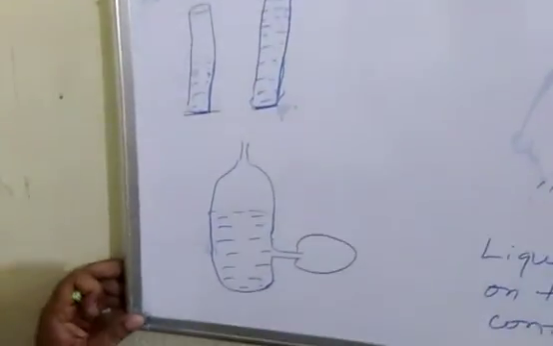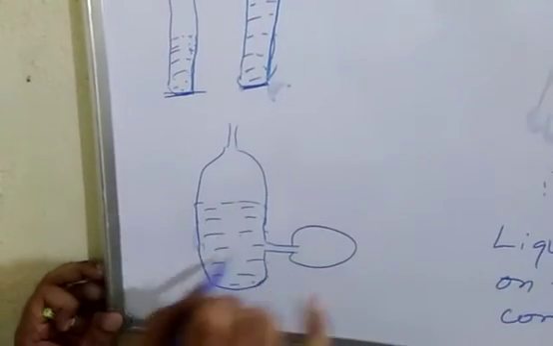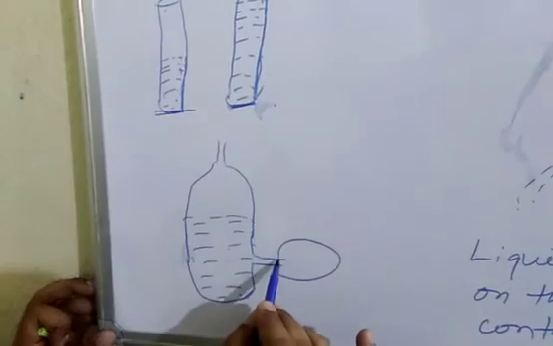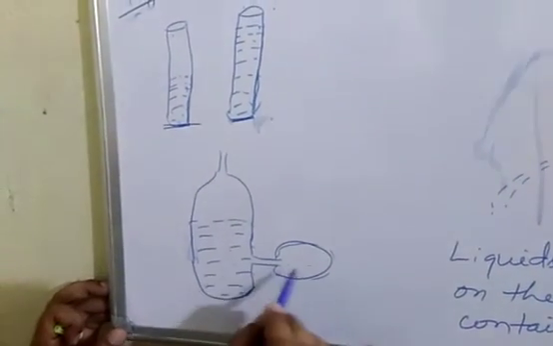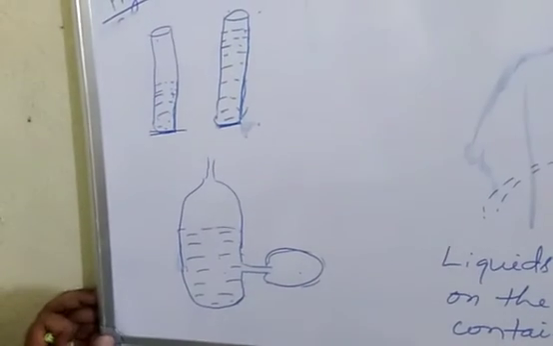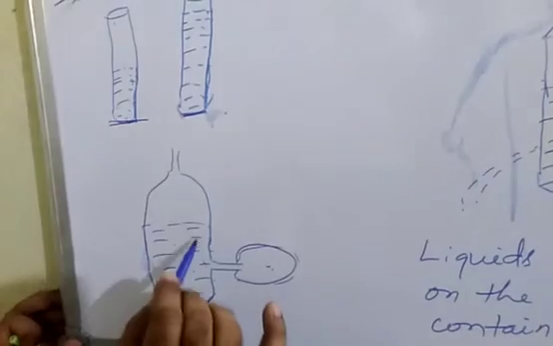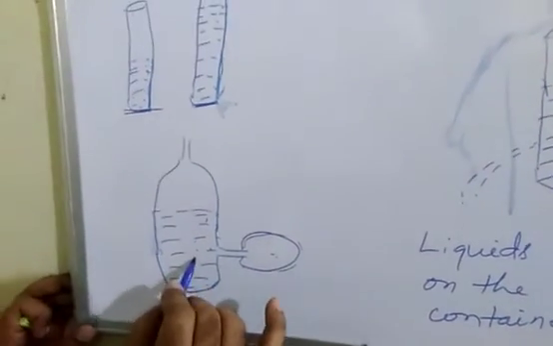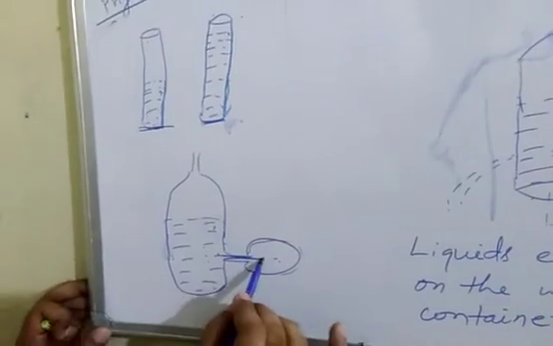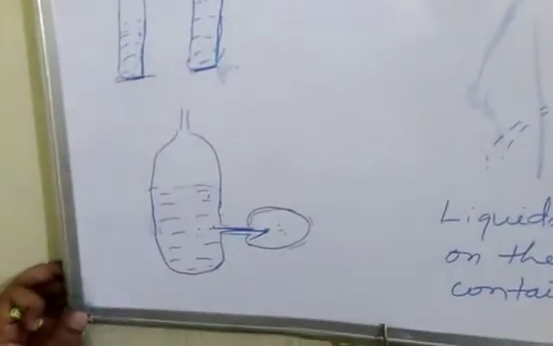In this case you see there is a bottle in which water is kept and here I have kept a balloon. You will see the balloon is inflated. Why is this balloon inflated? Because the liquid inside the jar or bottle exerts pressure on this, so the balloon is being inflated.